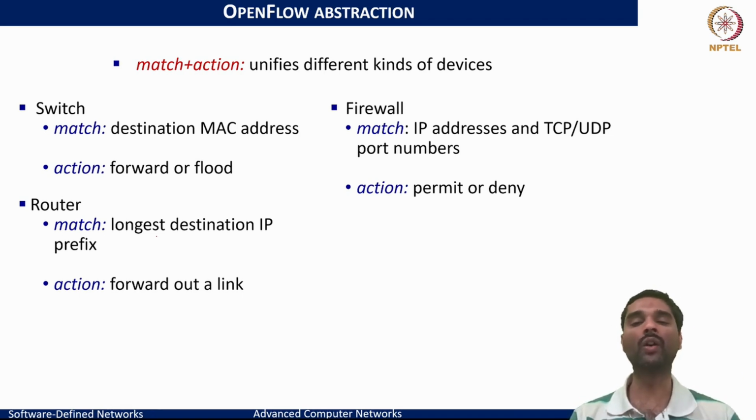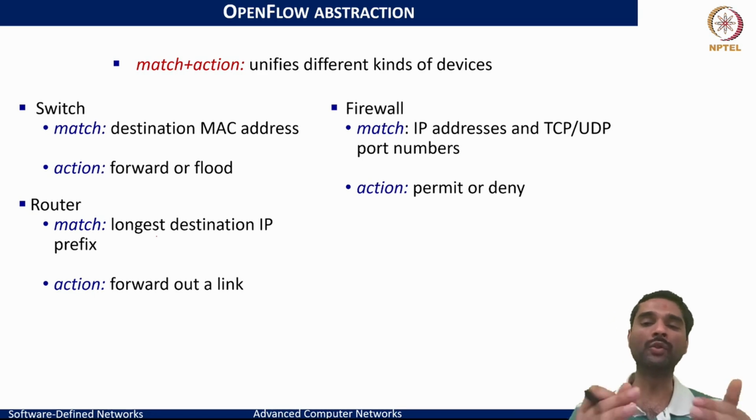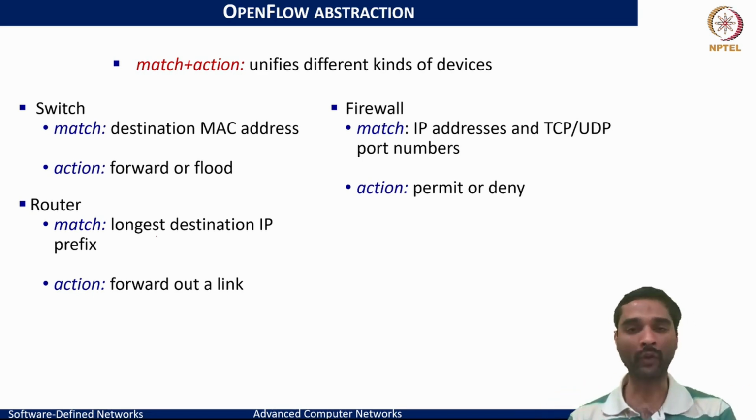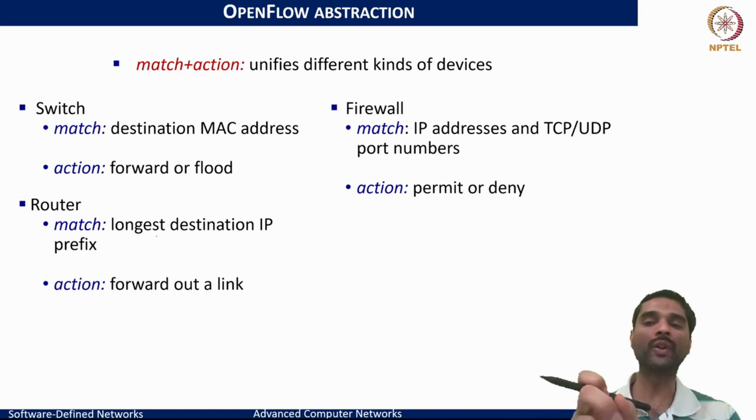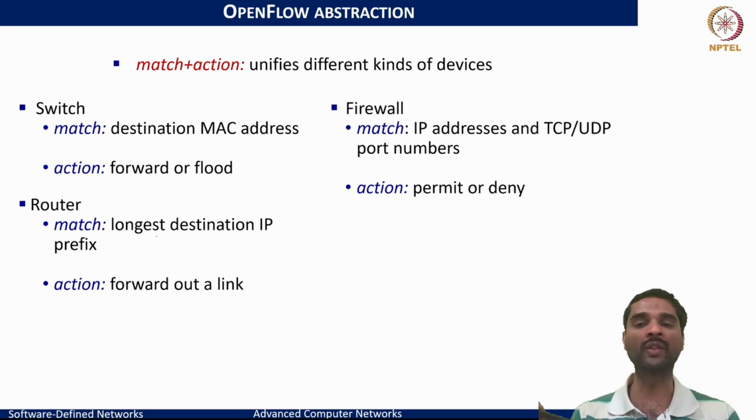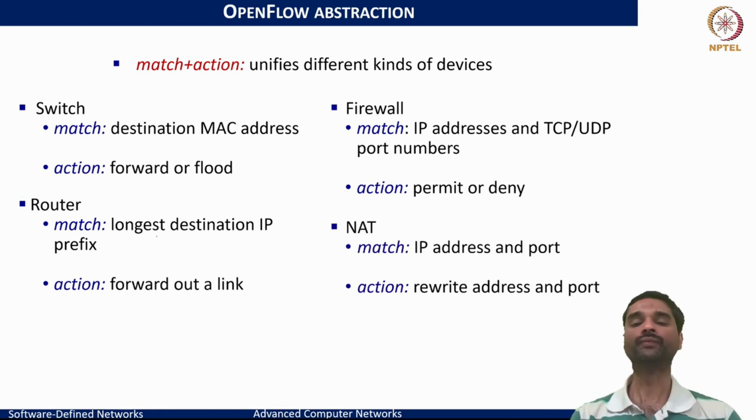And either it would allow the actions to be permitted, that is, you forward the packets to go and reach the intended destination, or if you would want to block certain packets, then you would drop or basically deny the packets from going forward. So now with the match action aspects, using the action as either forward or drop and specifying the match with respect to the IP addresses and TCP or UDP port numbers as an exact match, we can implement the firewall functionality as well.